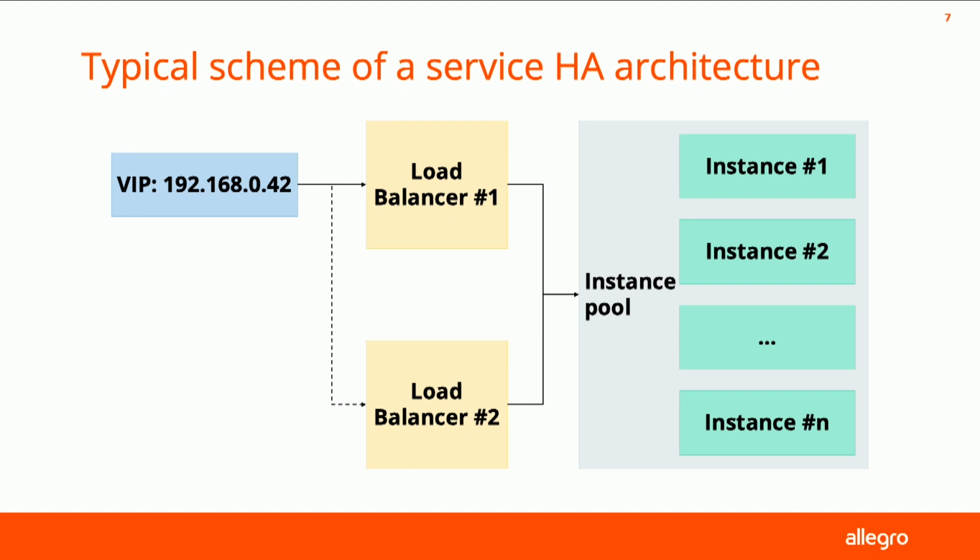There is some instance pool of the actual service, and those instances are doing the job. Based on the needs, the load balancers distribute workloads using some load balancing algorithm like round robin, least connections, or whatever. Then we implement the service and try to put that into a production environment.